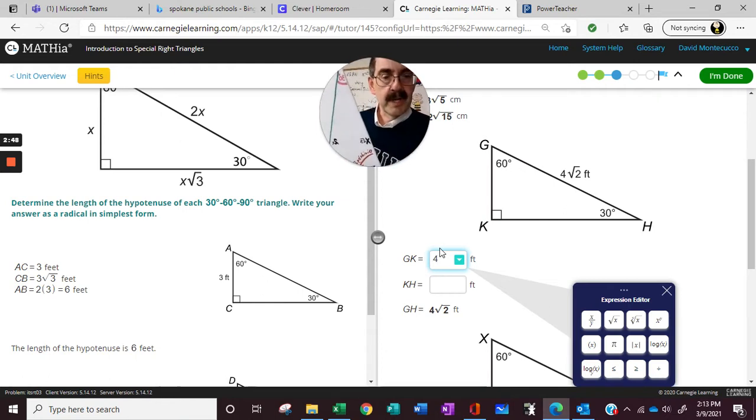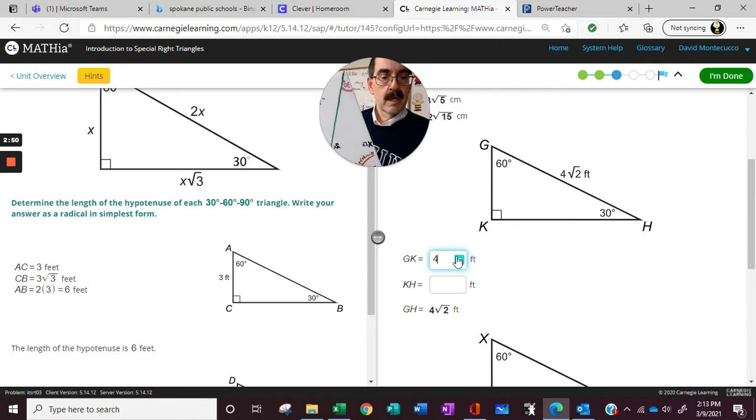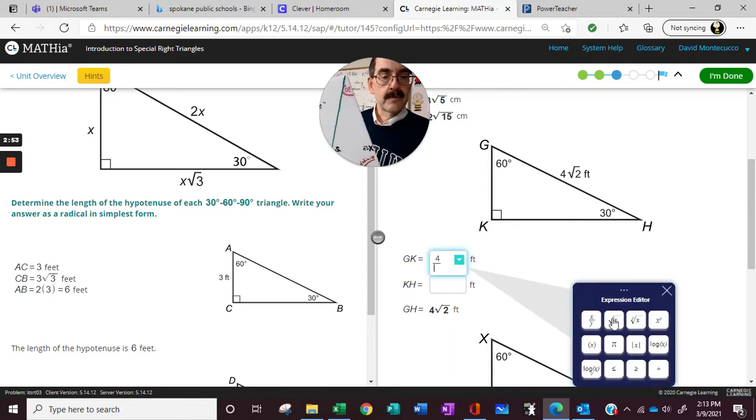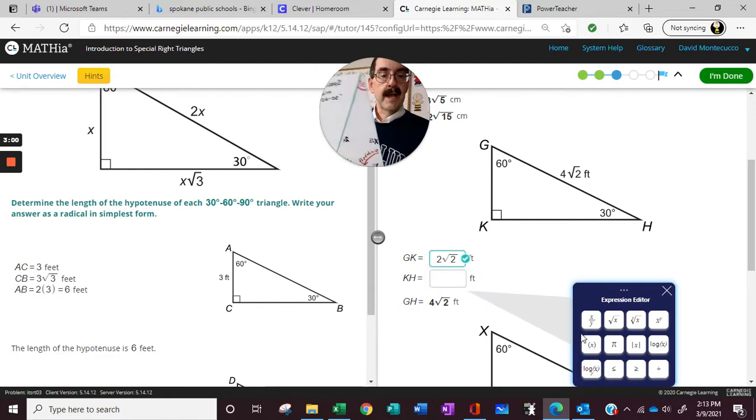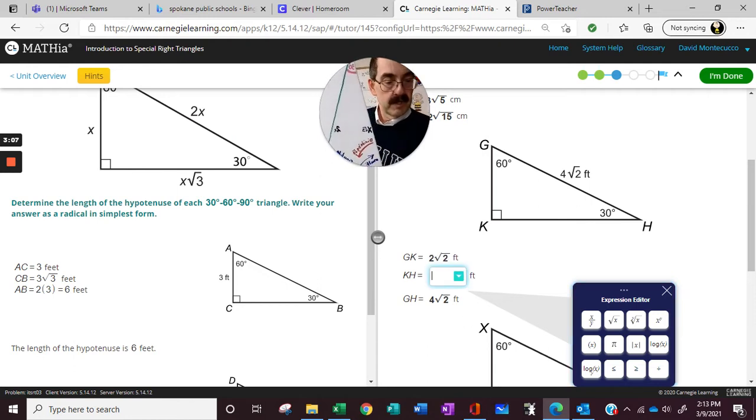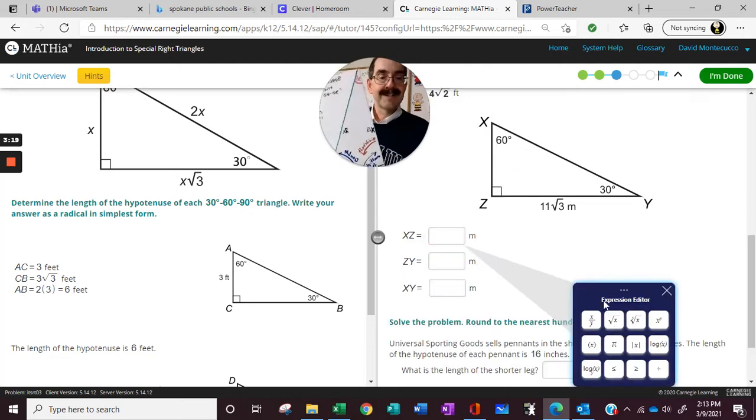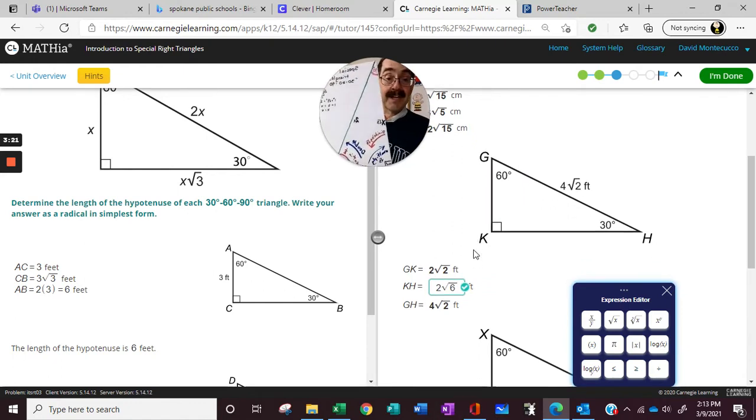If you're not sure what it is, just type in 4 radical 2 over 2. We're just going to cut it in half. Now, take the short side, 2 radical 2, and multiply by radical 3. It gave us the correct answer on all of them.